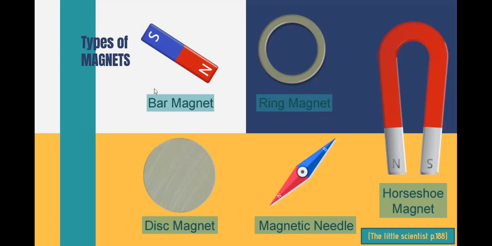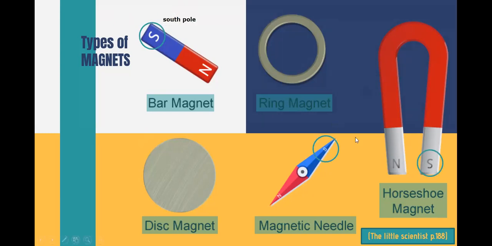Look at the bar magnet, at the horseshoe magnet, and at the magnetic needle. You can see that there is the S letter. This S is for South Pole. South extremity.